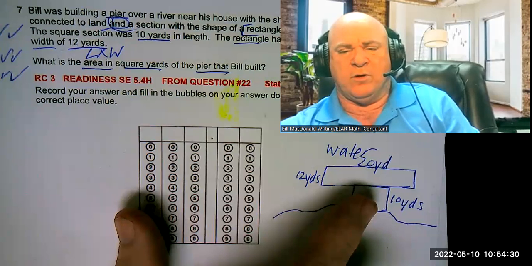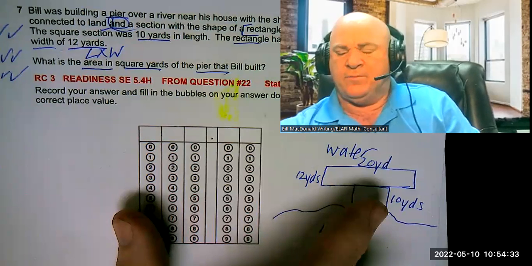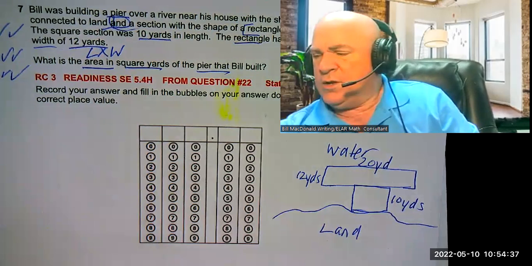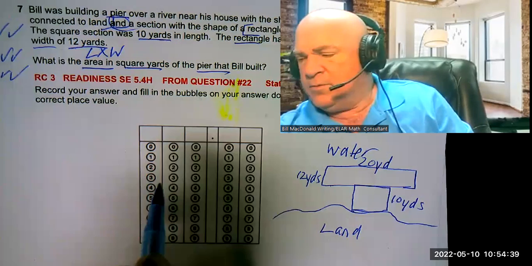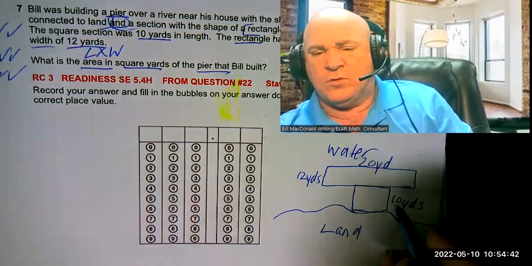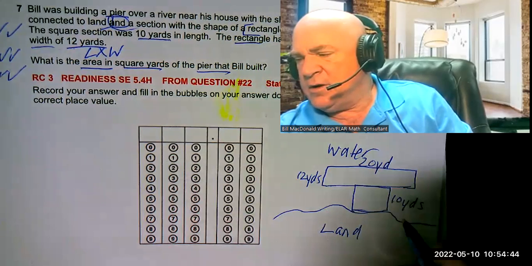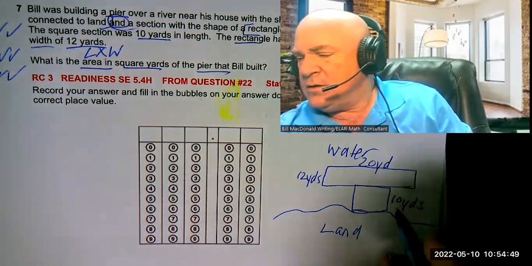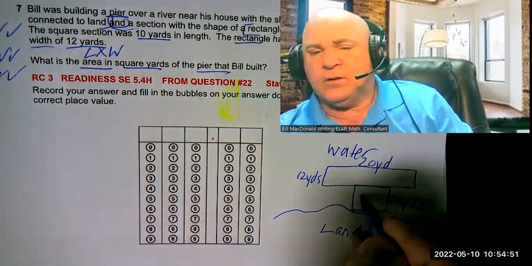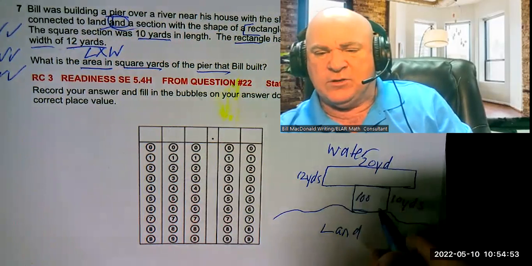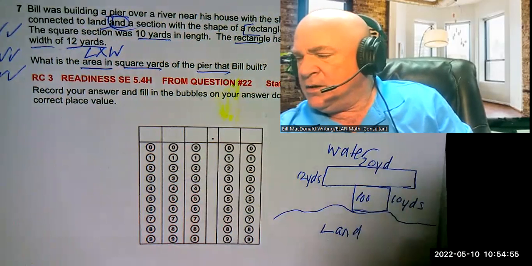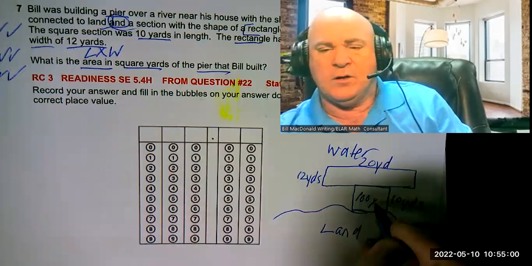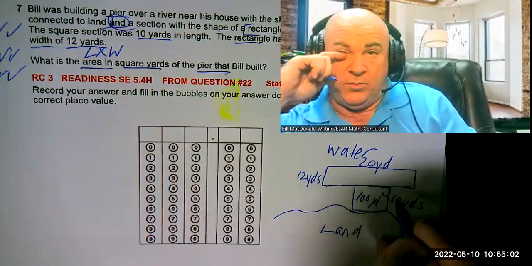Knowing that we're asking for area, length times width, we can already solve the area of the square part because the pier is both parts together. 10 times 10 is 100. And because we're using two dimensions, it would be yards squared or square yards, if we're going to put it in words.